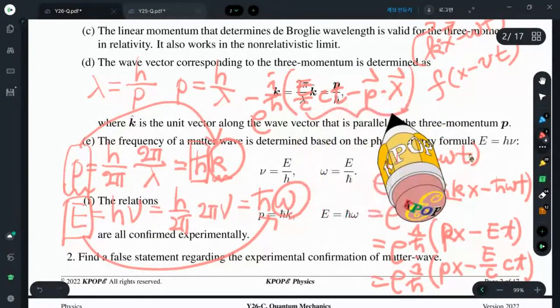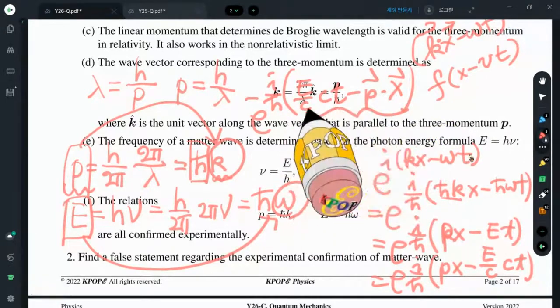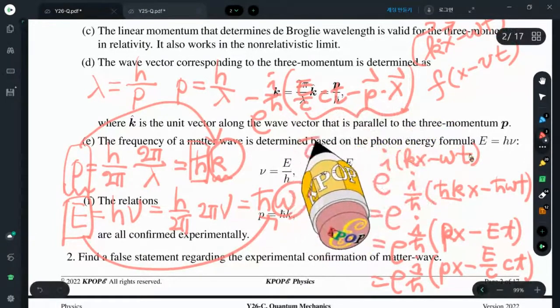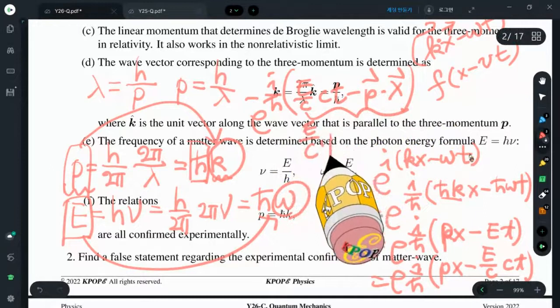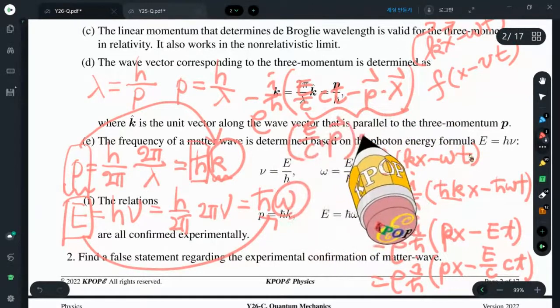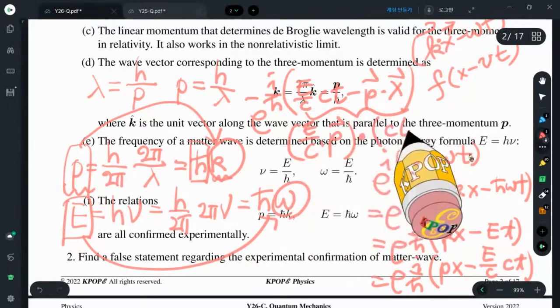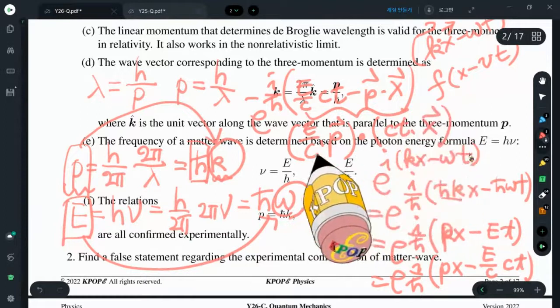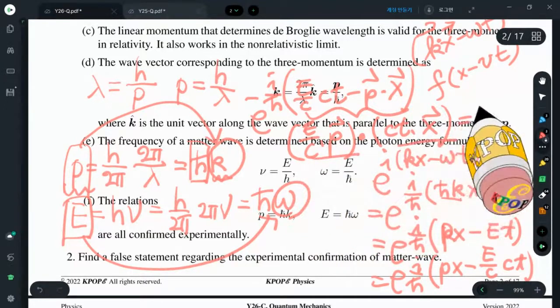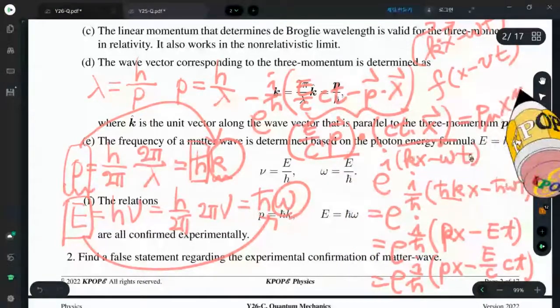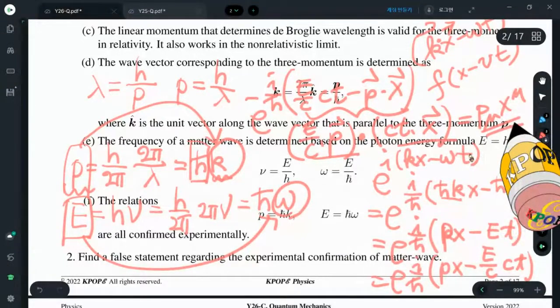It is a scalar product, a relativistic 4-vector. Why? E over c comma p, scalar product with ct, x. Haha, it's p mu x mu, a scalar product of 4-vectors.